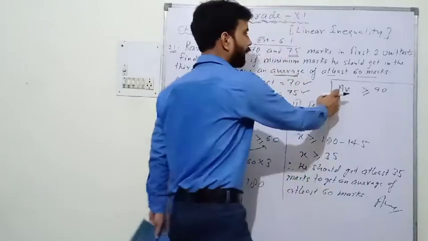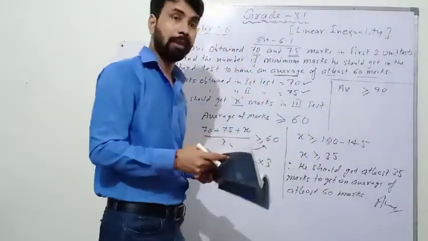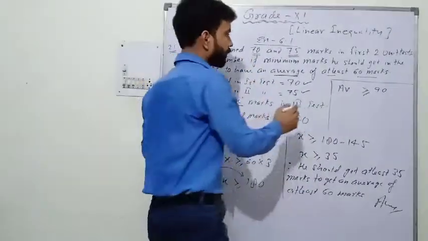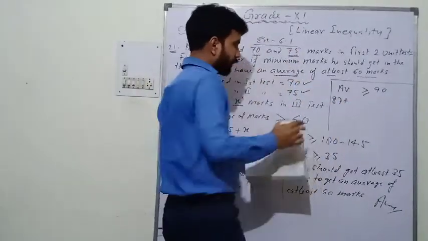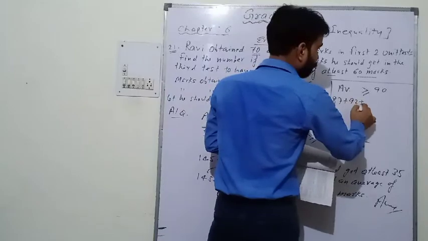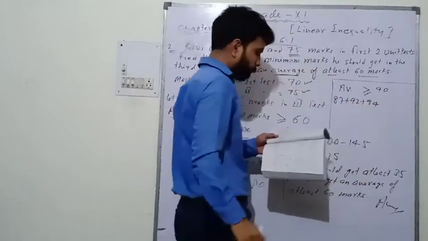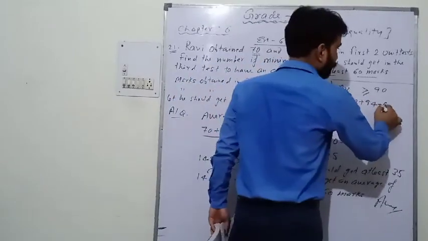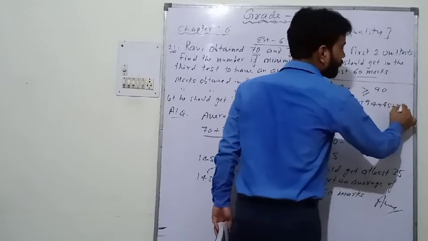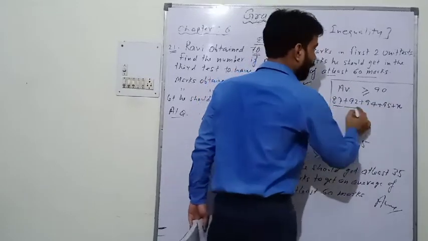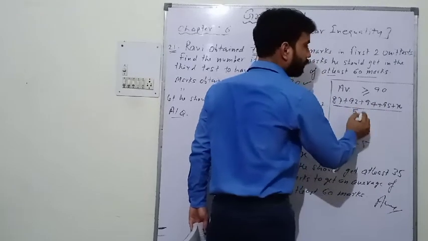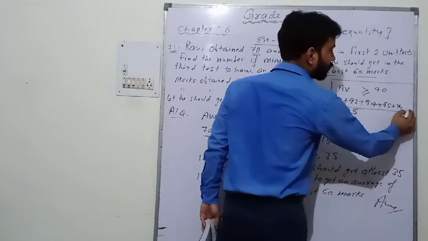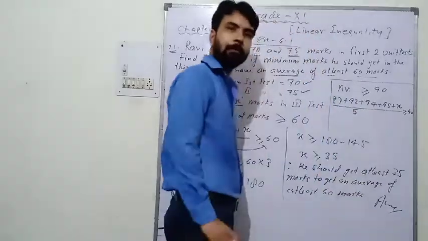Understood? So how can we find the average of 5 exams? First exam she got 87 plus next 92 plus third is 94 plus 95 plus 5th exam we will consider she will get X marks, upon divided by, there are 5 exams, so we will divide it by 5 and greater than equals to 90, it will remain same.